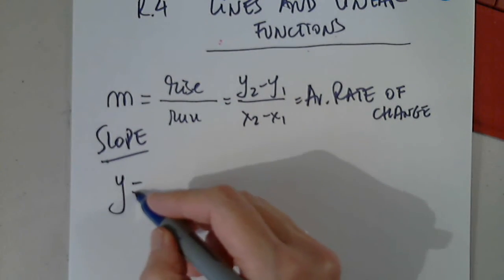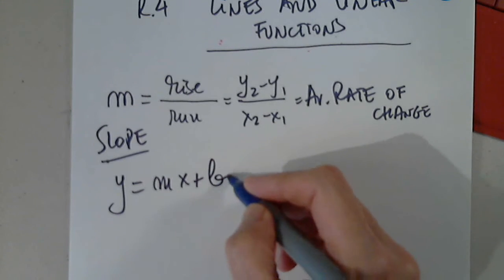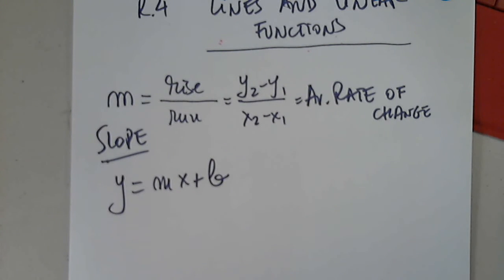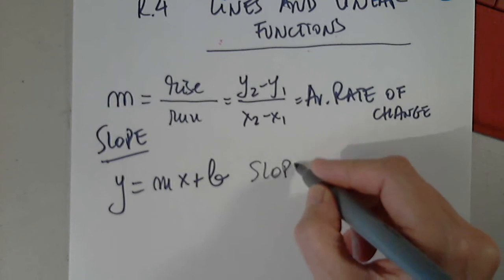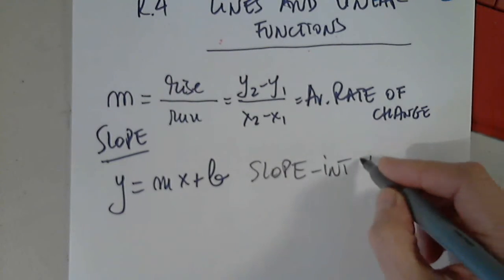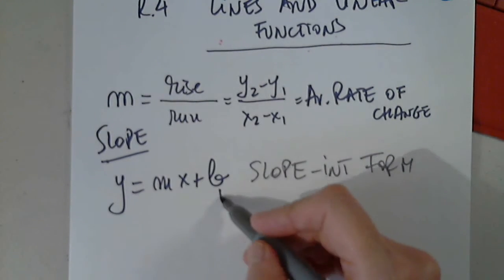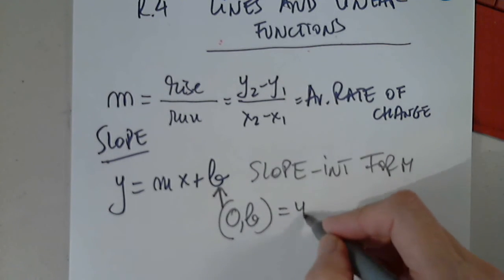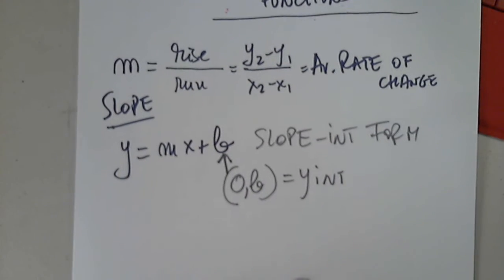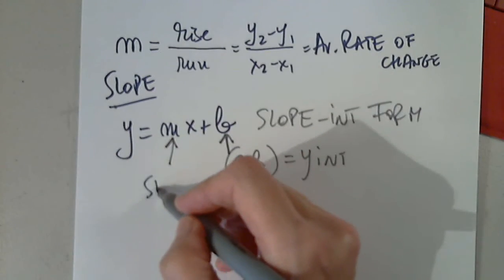Then we have the equation which is y equals mx plus b. Anyone remembers what this represents? A linear function, yes. What we call it is slope-intercept form. This is 0 comma b, which represents the y-intercept, and of course, this is the slope.